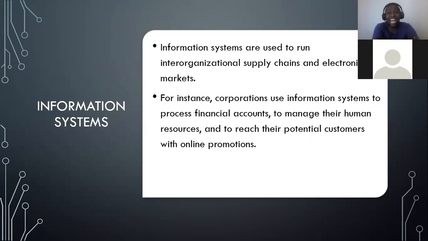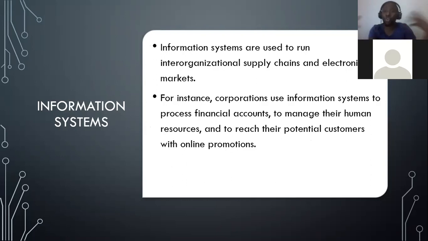So information systems are used to run inter-organizational supply chains and electronic markets. So organizations can communicate. For example, a company can have various centers, right? One might be in Africa, maybe the headquarters will be in America.